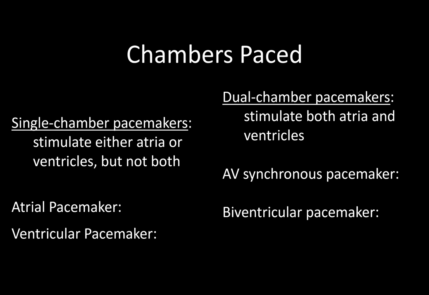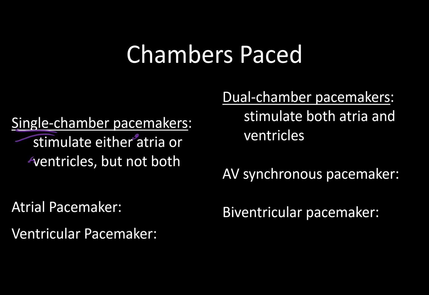Here are some specific examples to help clarify what I've just been talking about. Pacemakers are divided into two major categories: single chamber pacemakers versus dual chamber pacemakers. The single chamber pacemakers stimulate either the atria or the ventricles, but not both.